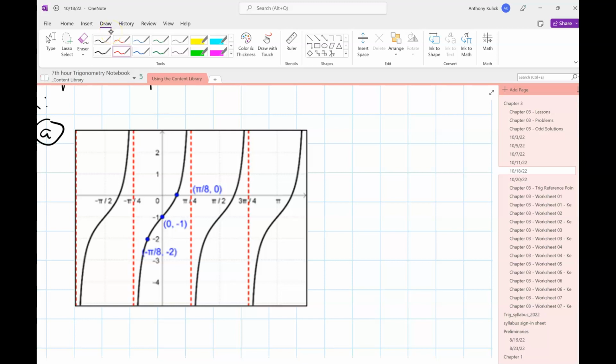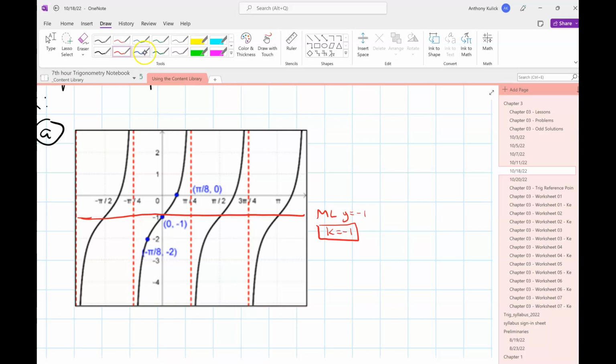First thing I'm going to do is I'm going to look for the midline. The midline appears to be coming right through here. And I remember that that just gives me my value for k. Everybody's good with that?